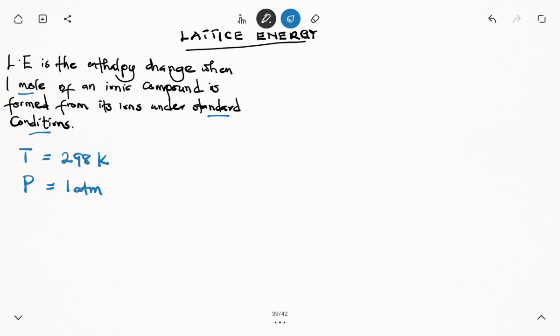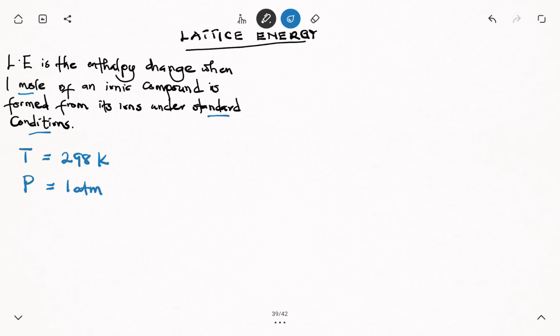These are the conditions for you to define lattice energy. All right, so we are dealing with ionic compounds, and so we need ions, but these ions have to be in the gaseous state.